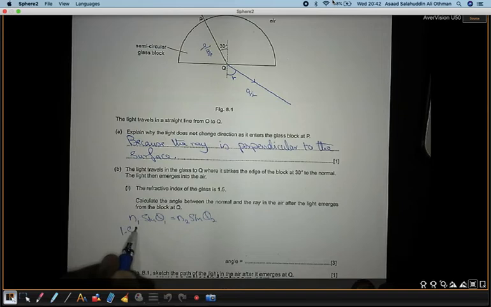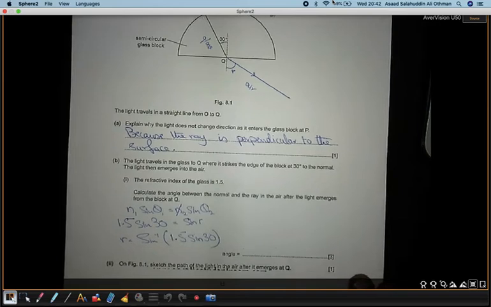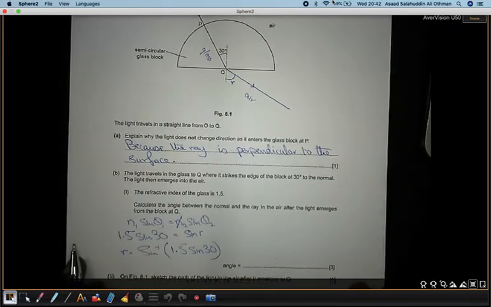So 1.5 sine 30 equals air sine R. R is equal to sine inverse of 1.5 sine 30. Again, I don't have a calculator, so just put it in your calculator and find it. Sketch the path of the light that emerges. So the path of the light that emerges is going to be the one that I drew at the top here. Okay? Moving on.